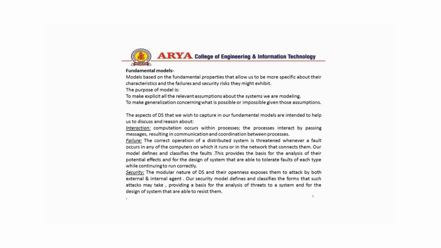Then security model, it prevents the communication between the processes from the attacks either by the external agent or by the internal agent, and it maintains security by using cryptographic algorithms, by using secure channel and many other mechanisms.